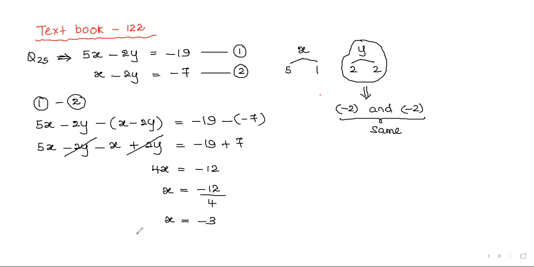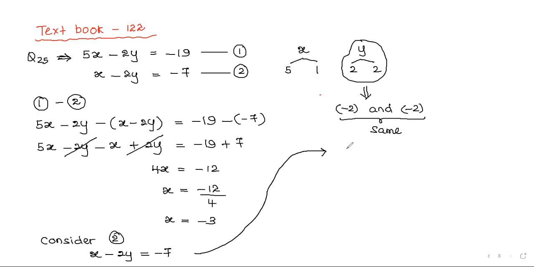After finding the value of one variable, we want to consider one of the given equations. Here I will take equation 2. I have told you there is no hard and fast rule about which equation you are going to select. You can select any of the equations. Here I selected equation 2. Then I make y the subject.